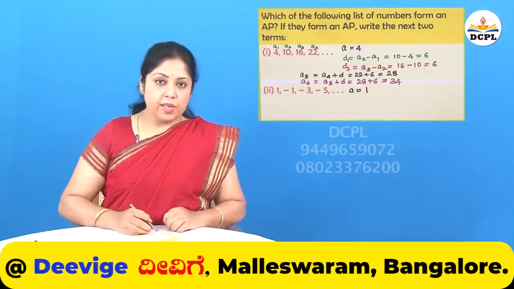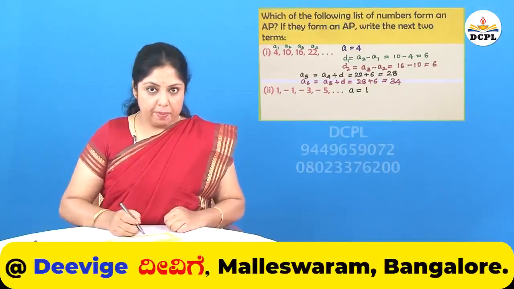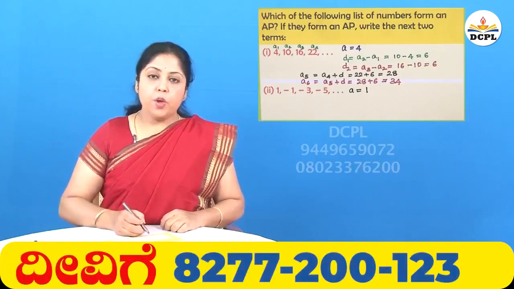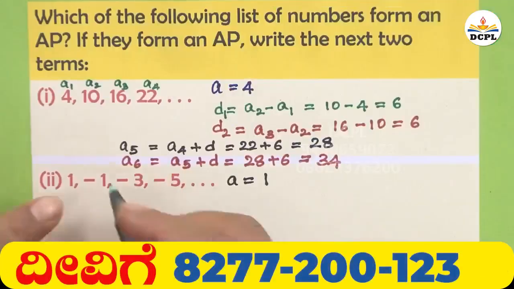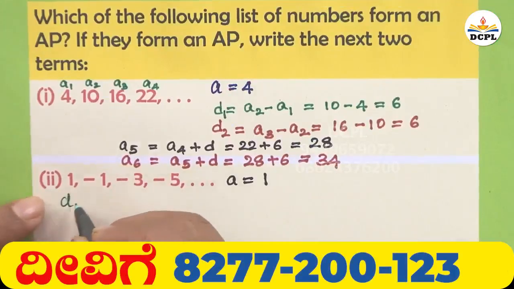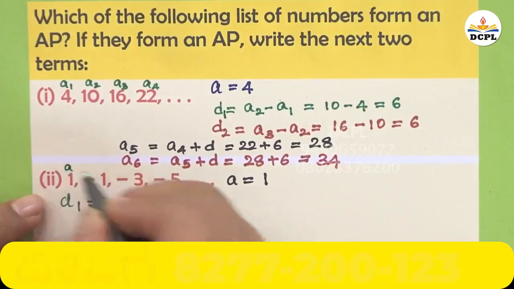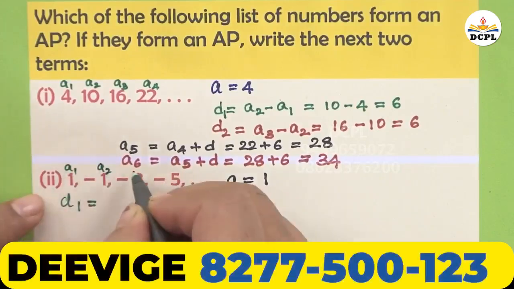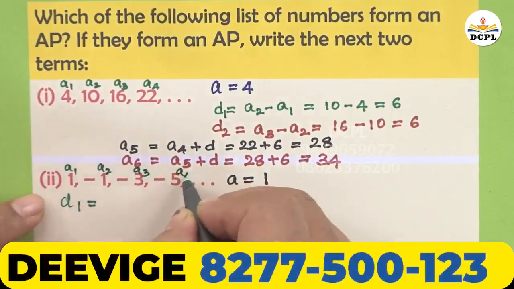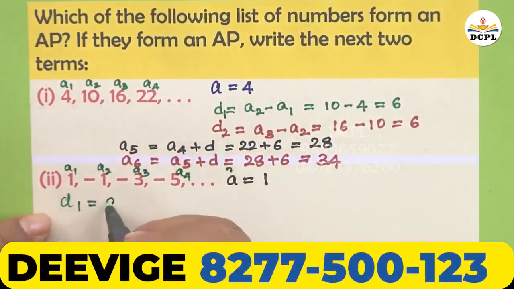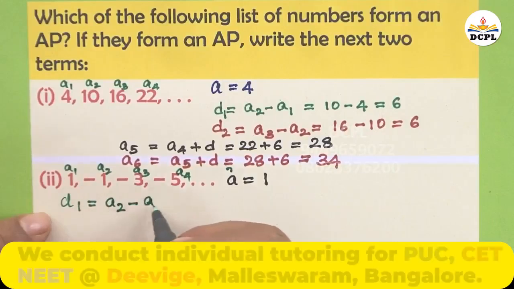Now let us check whether the sequence is in AP. Again we need to find the common difference. Let us take these as A1, A2, A3, A4. D1 will give you A2 minus A1.